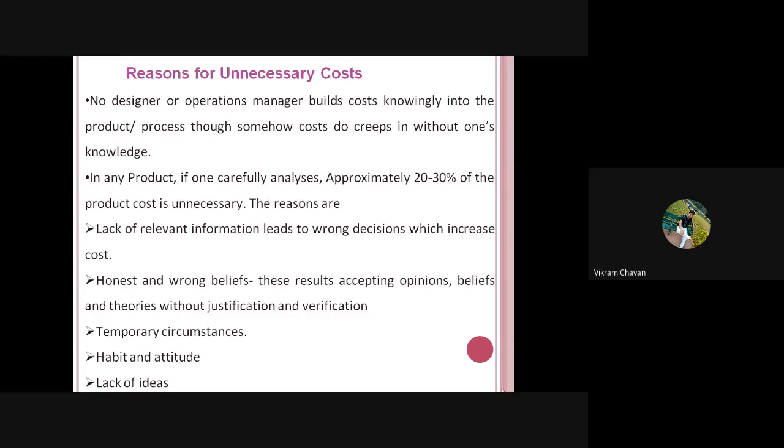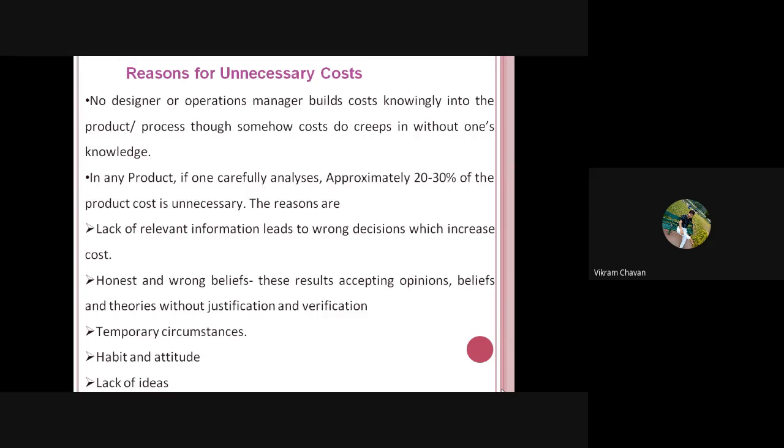Then wrong belief or honesty. Some workers believe whatever their manager tells them and follow it blindly, without asking any question, because the boss is always right.